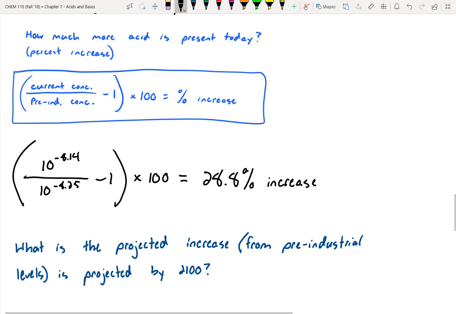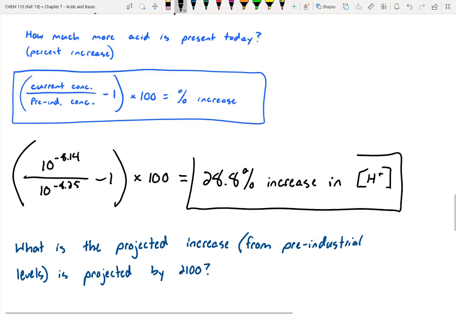Or I should say increase in the proton concentration, because that's what we were calculating. That's a pretty shocking increase, right? You think about what would happen if all of a sudden you started eating 28.8% more food every day, or started consuming 28.8% of anything in a given day more than what you used to. It'd probably throw your body all out of whack, right? So it's unhealthy for our planet.